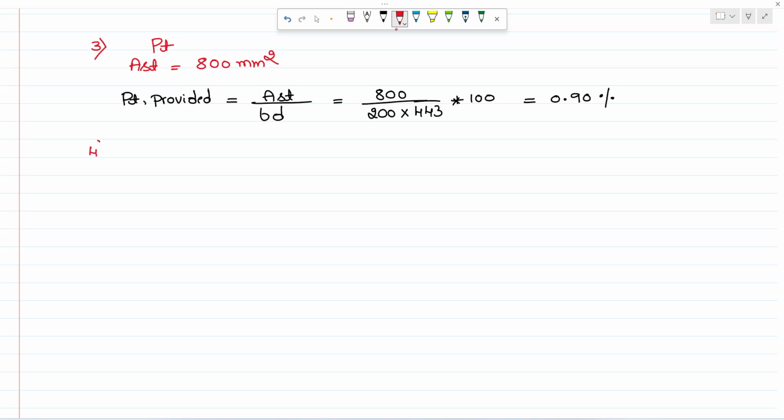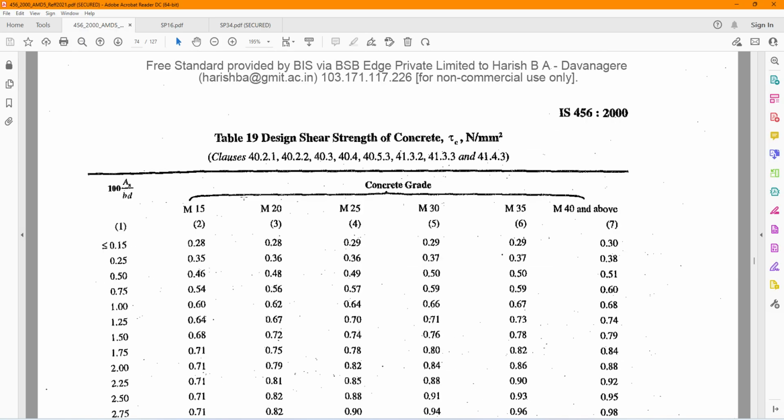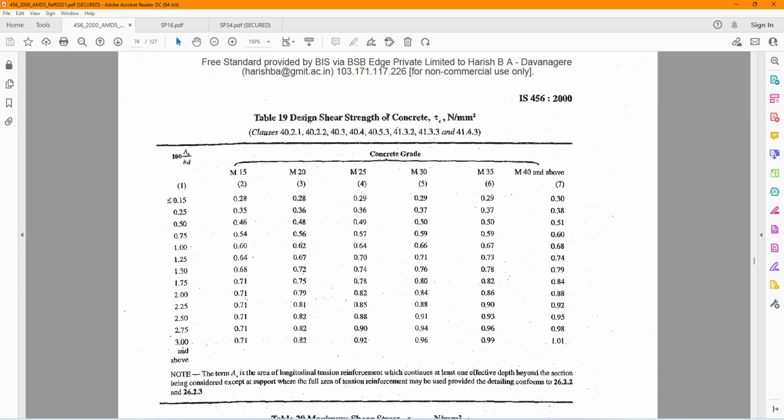In the next step, we shall calculate tau C. To calculate tau C, you can refer to IS 456:2000, page number 73, Table 19, design shear strength of concrete.